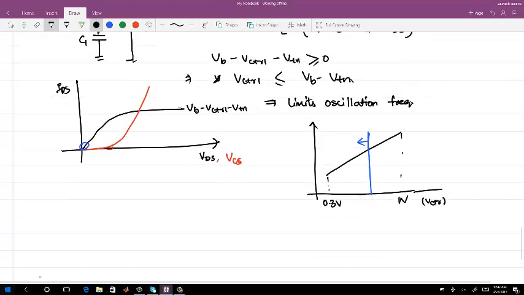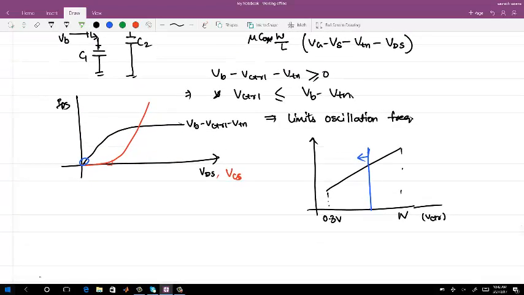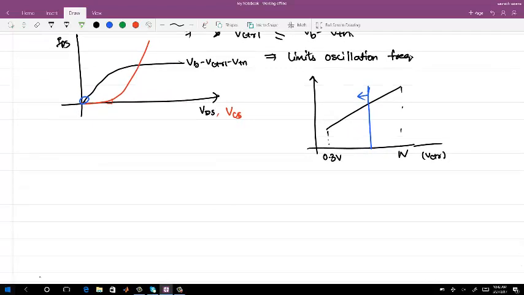Plus, when you use this MOS resistance, you may see some kind of leakage to different nodes, and then you will have additional offset or more ripples in the system.